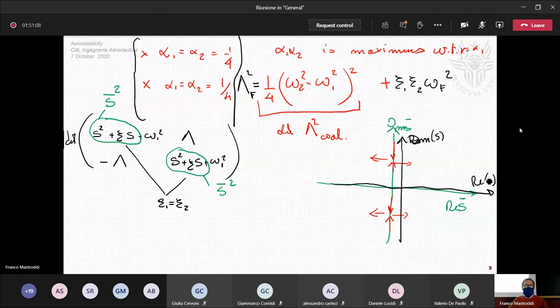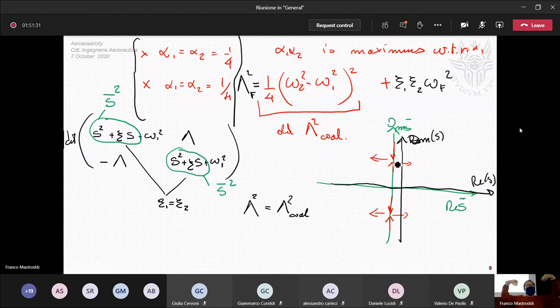And what you can see is that in your real s plane, for lambda square equal to lambda coalescence square, you have a coalescence, but you have a coalescence in the stable region.